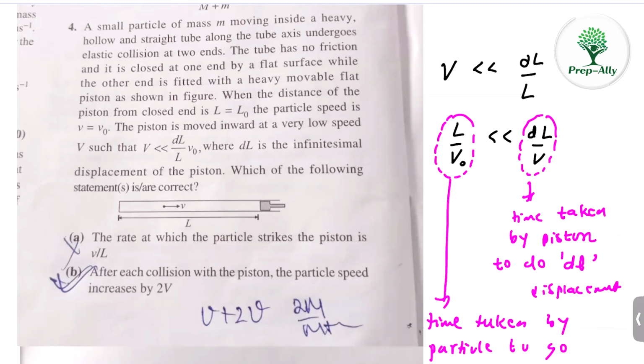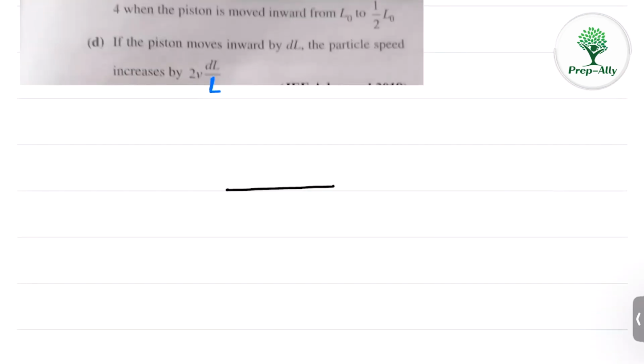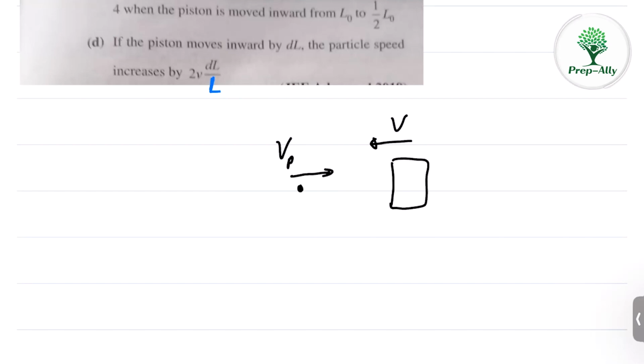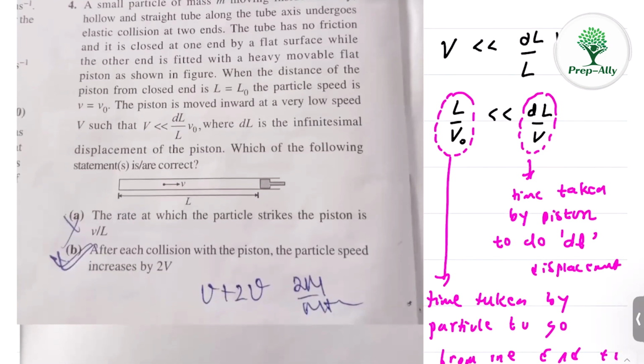Let us calculate. By the way, this piston is very heavy. Let's say this particle is approaching the piston with a velocity v, let's call it v particle. And this piston is going in this way with a velocity v, and this velocity of the piston is constant. V naught is the initial particle velocity.